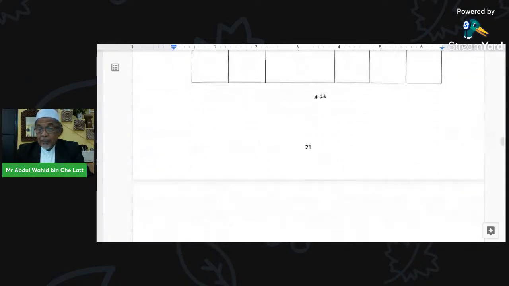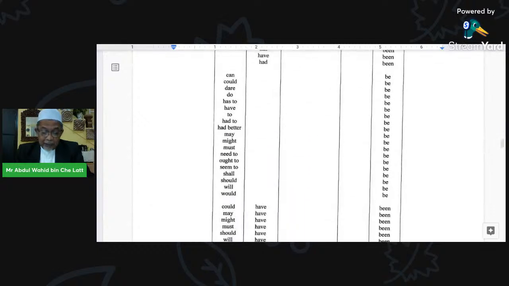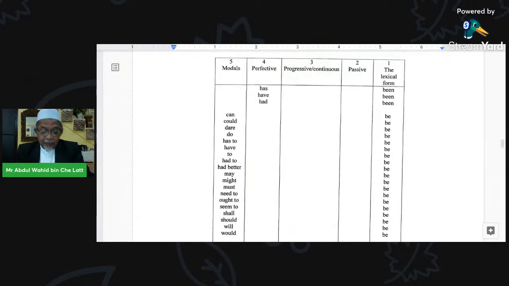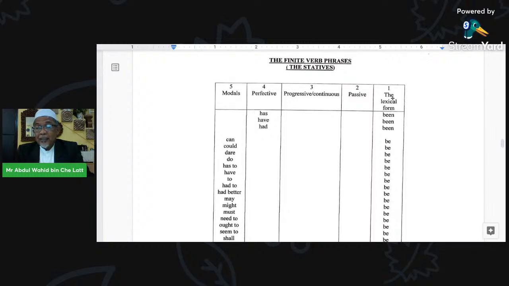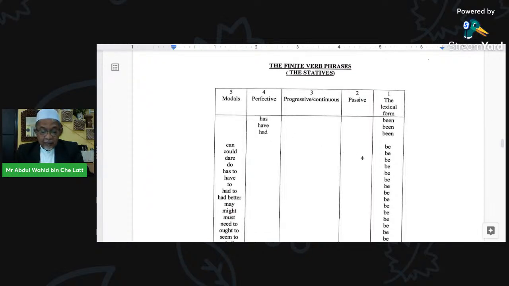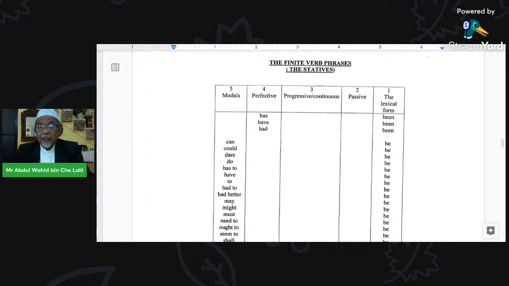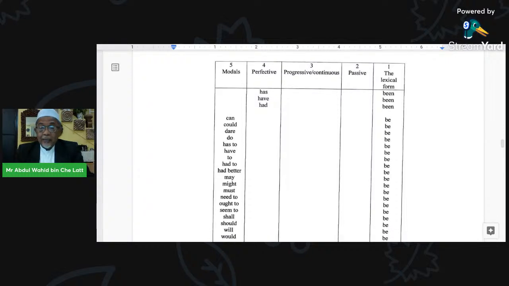Okay, may is a modal, which is number 5. Have is perfective, number 4. Been, showing that it's a passive, number 2. Strangle is lexical. So we need to ask the students to find the meaning of strangle, and they will get the whole meaning. May is mungkin, have is telah, been the strangled is cekek. So may have been strangled will bring the meaning mungkin telah dicekek.